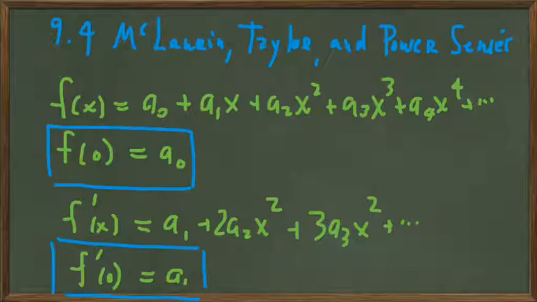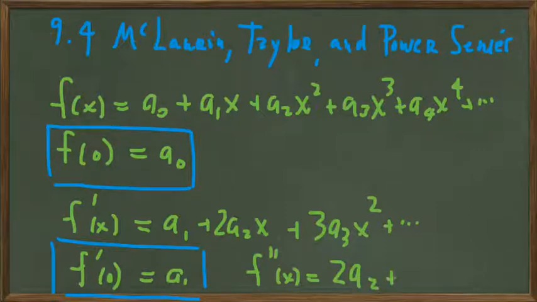So if we take the second derivative, let's do that on this blackboard so we can see where it's coming from above. The a1 goes away, we bring the power down, we get 2a2, and then 3 times 2a3 x to the first plus dot dot dot.